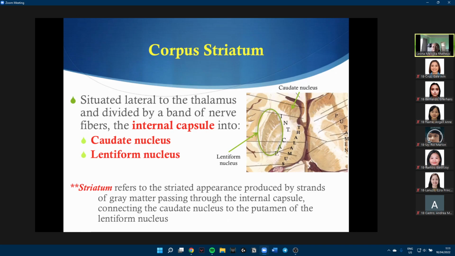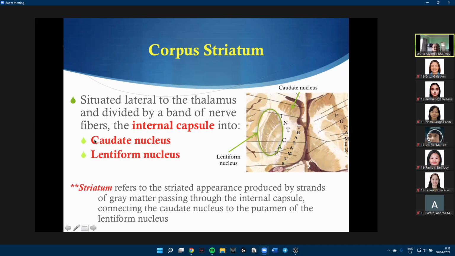So again, the parts of the internal capsule, which as you can see is V-shaped, are the anterior limb, the posterior limb, and the genu. Now, of course, when you see the caudate nucleus, you know that this is already on the more anterior portion of your cerebrum. So again, these are the parts of what we call your corpus striatum.